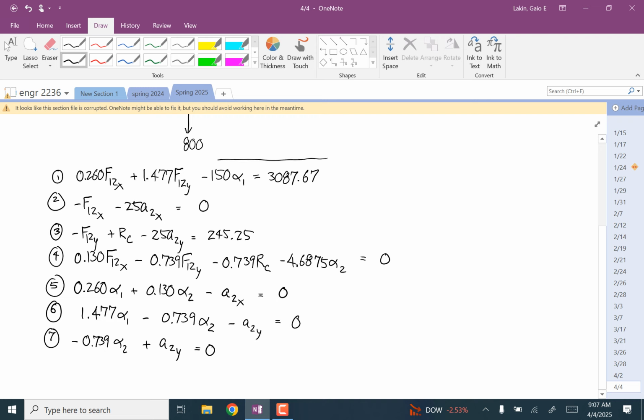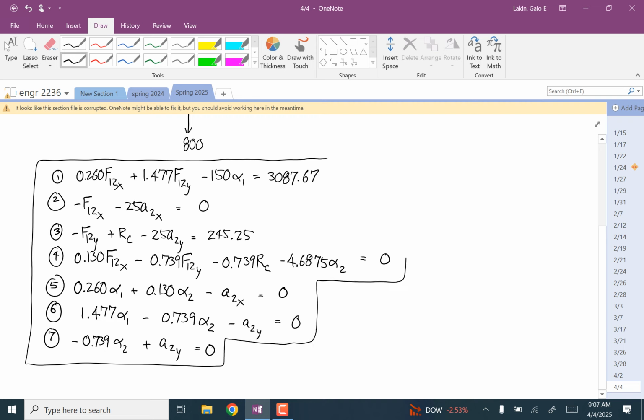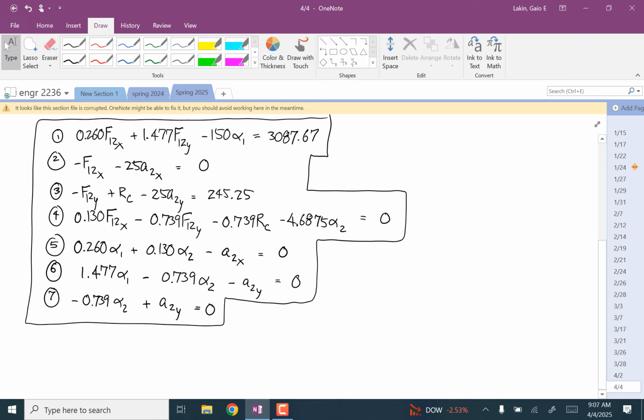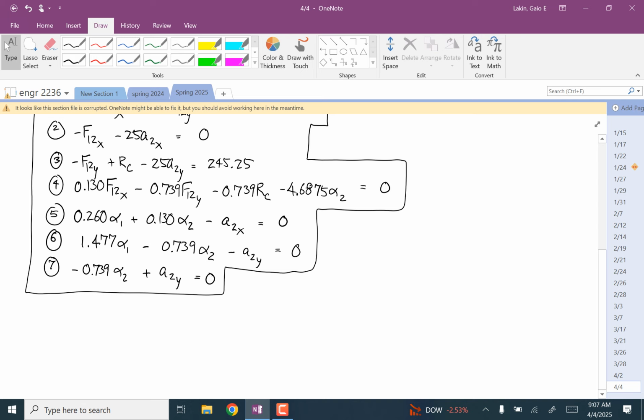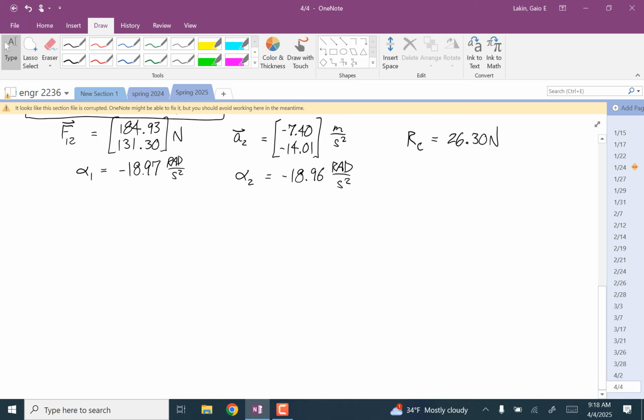Okay, so there's our system of 7 equations for 7 variables. Everybody who has a calculator here, take a minute and see if you can get this to work out by reduced row echelon form, okay? I'm going to do it too, and this is really the key to getting these.